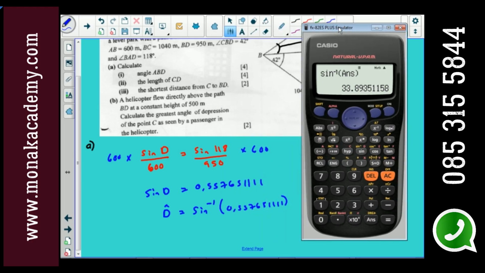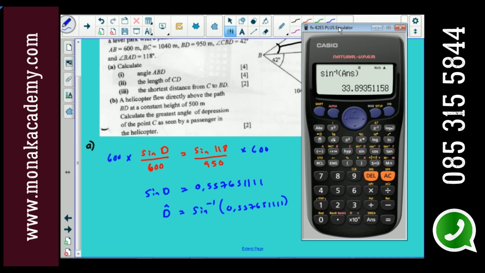Shift with second function, sine -1, which will be on the side, answer. For you to press answer, you see it's in green. So anytime you want to use anything in green, you first press alpha. Very good. Equals. Yeah. Excellent. So everyone has the answer.